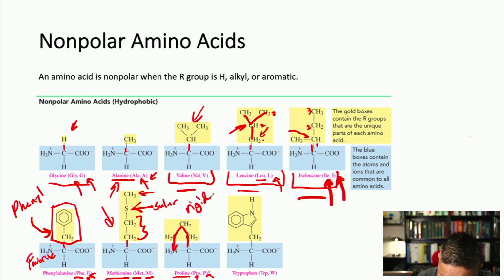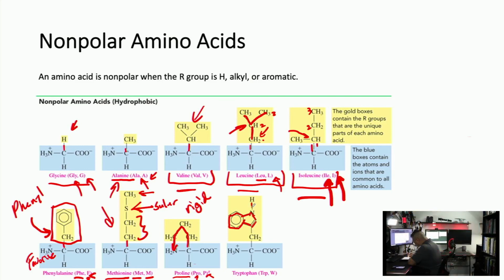And then we have tryptophan. This is the same tryptophan that everybody thinks makes you sleepy when you eat turkey, right? Its R group is the methyl, of course, again in between, and then we have a benzene ring with a 5-membered ring with a hydrogen. All right, so that's tryptophan.